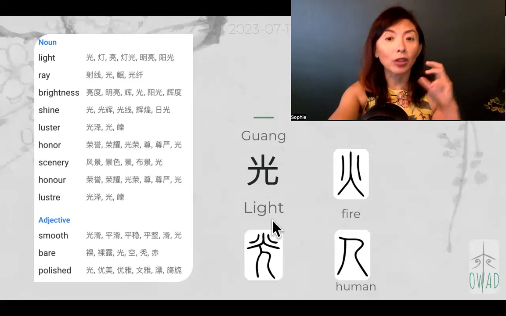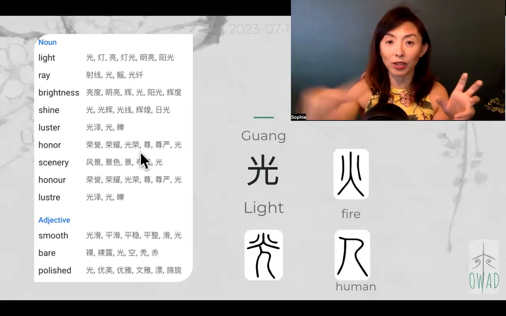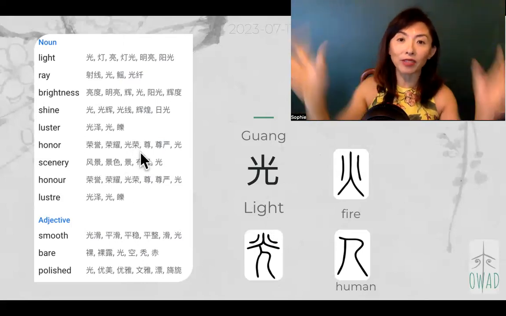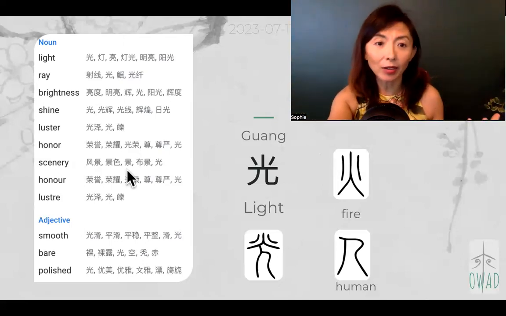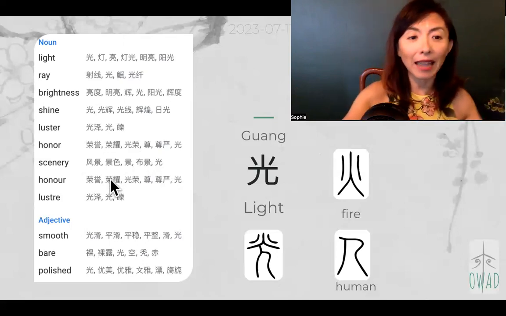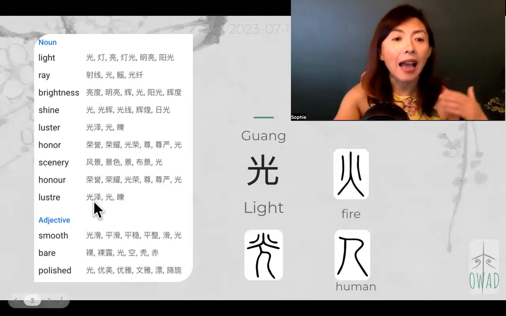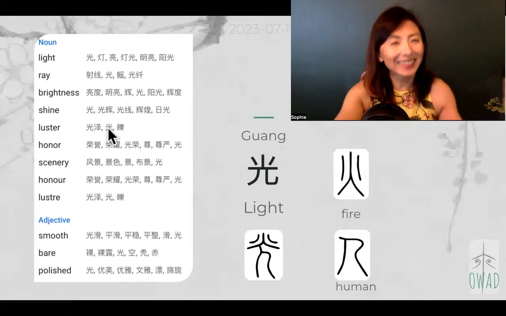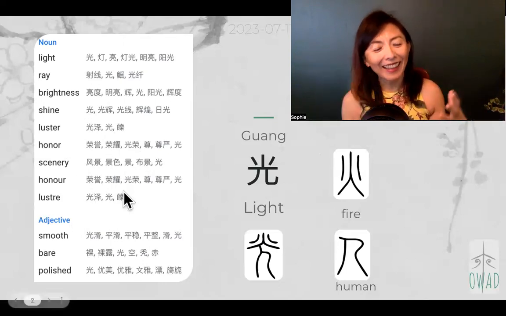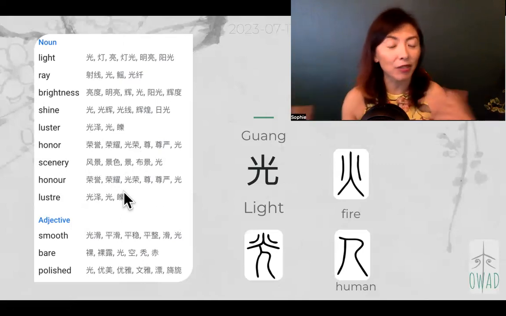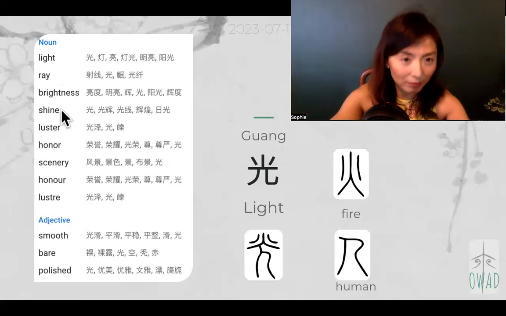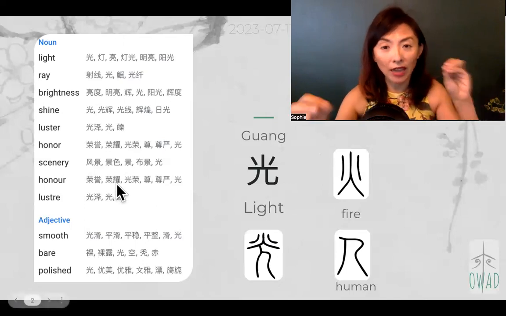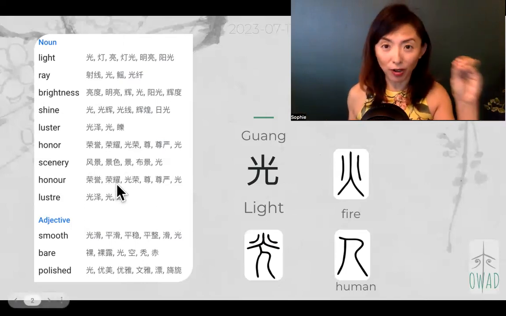We use light paired with 荣, which is like growing vibrancy together, to mean honor. And then we have scenery, 景观, and honor again, different spelling. Luster again, different spelling. Oh, you see, English can have so many variations that come from different language renderings, the British versus the American, and so many duplicates.